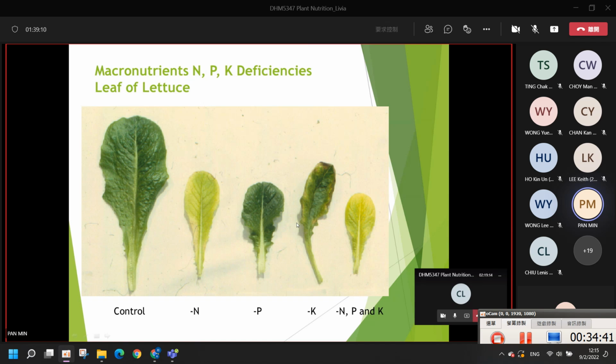And the phosphorus deficiency shows a dark green color. And more severe, it will show a purplish color on the leaves.